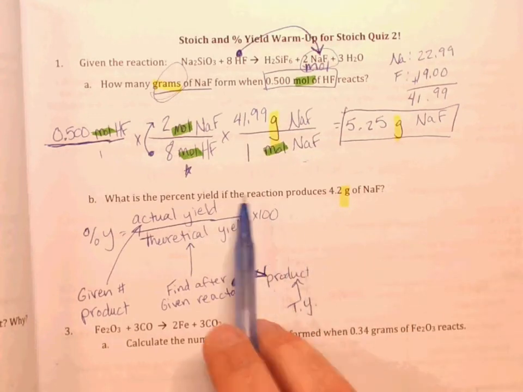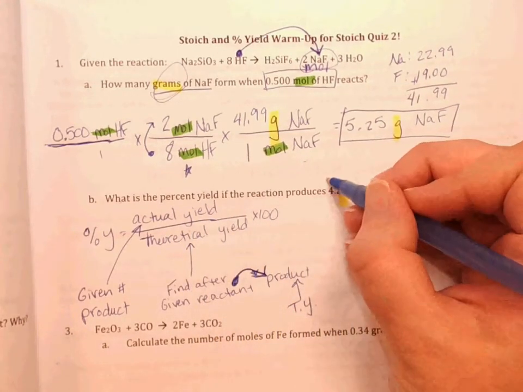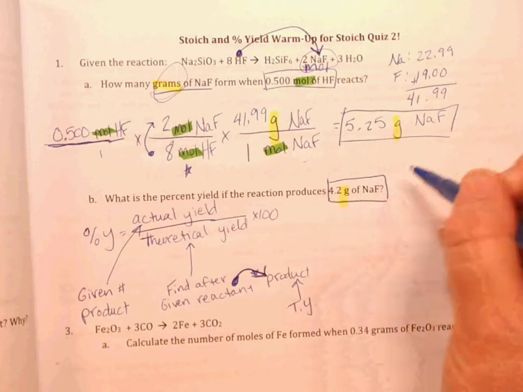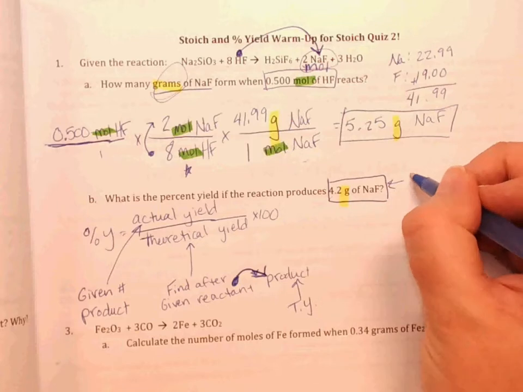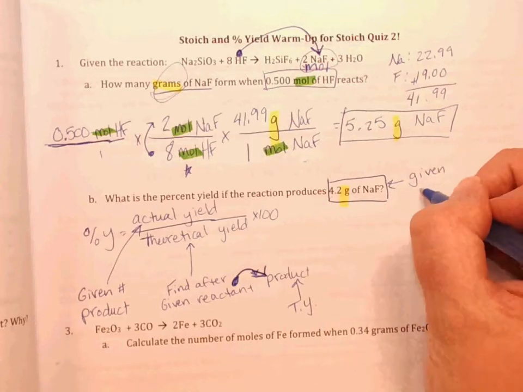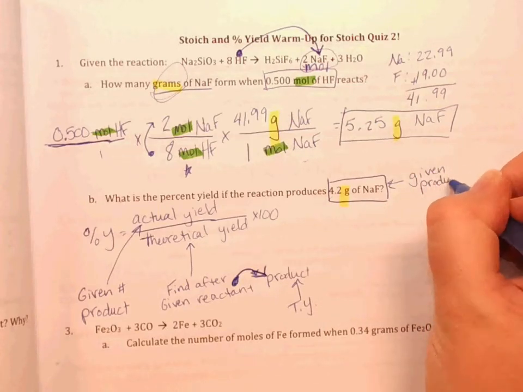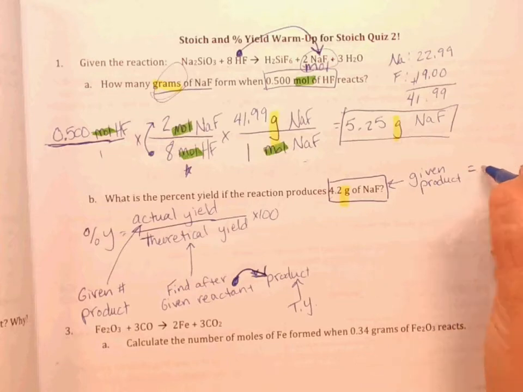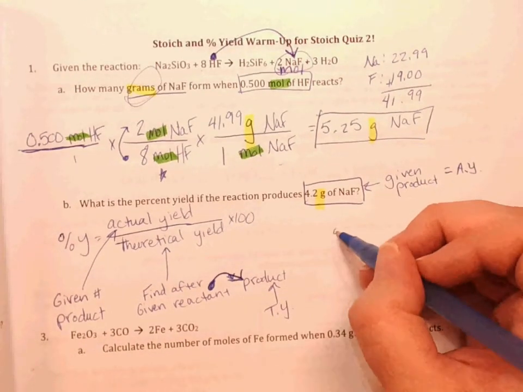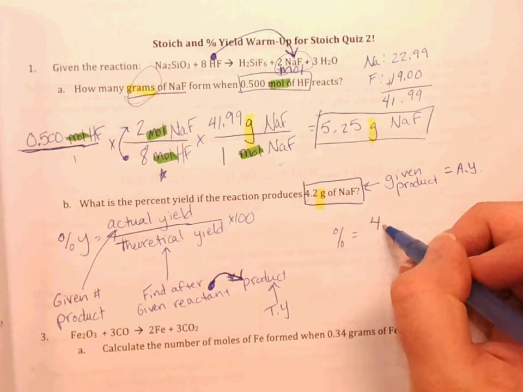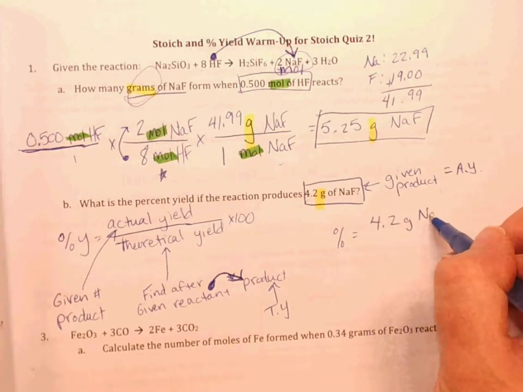Well, in part B here, they have given us a product. NaF is a product. So because this is a given product, that is my actual yield. So when I go to my formula, this 4.2 grams of NaF is going to go on top.